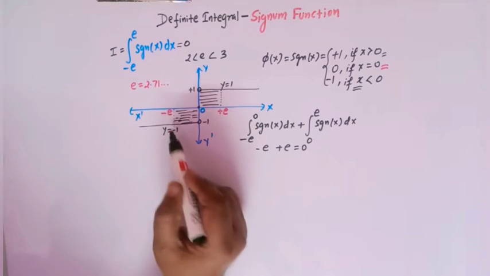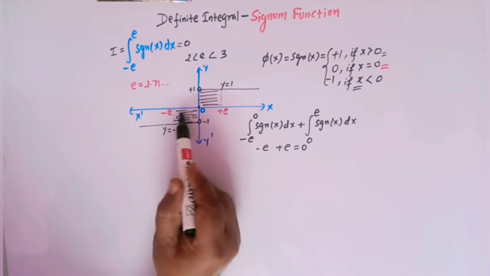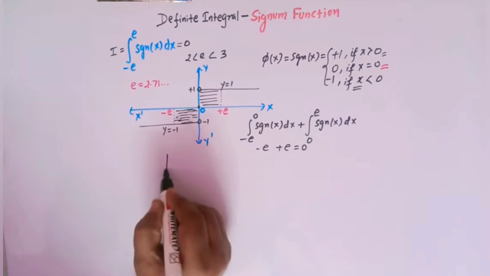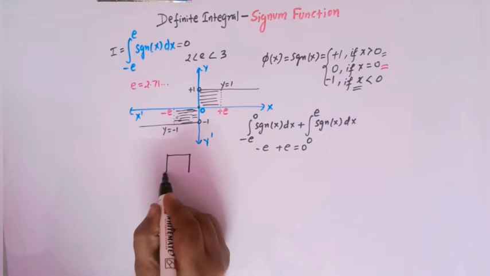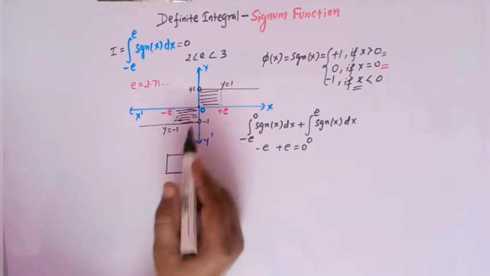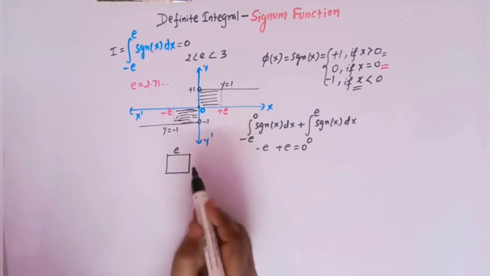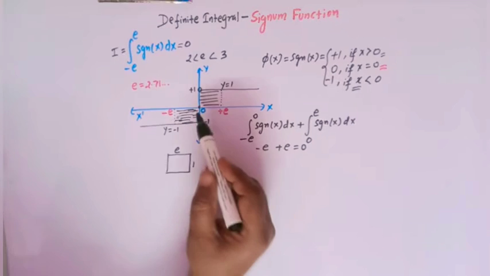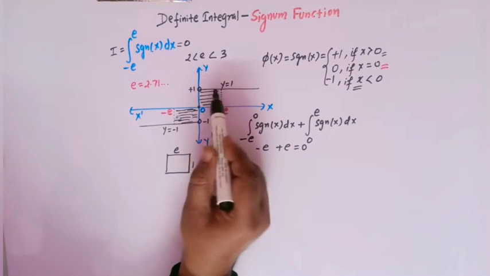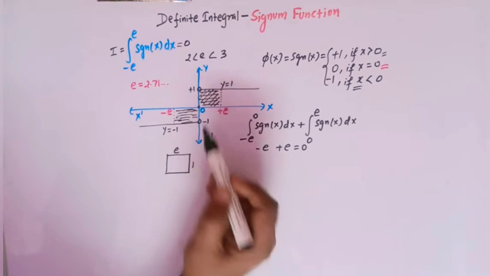Now here we see that this shaded region is a rectangle, whose length is say e, and the width is 1, right?